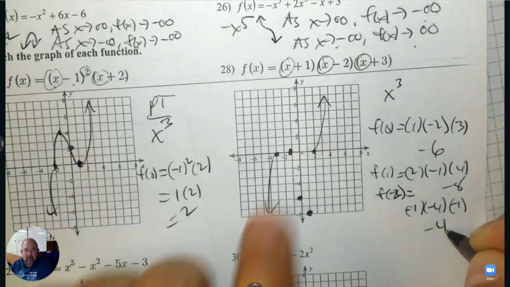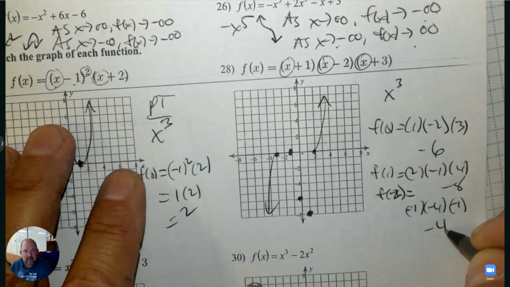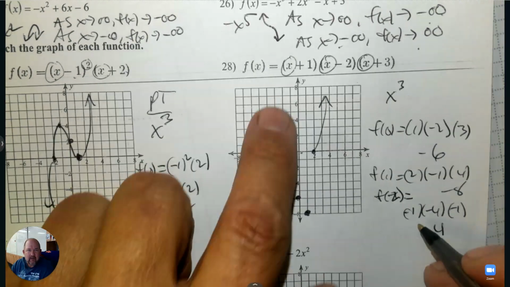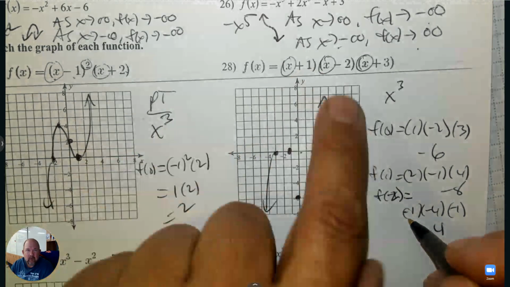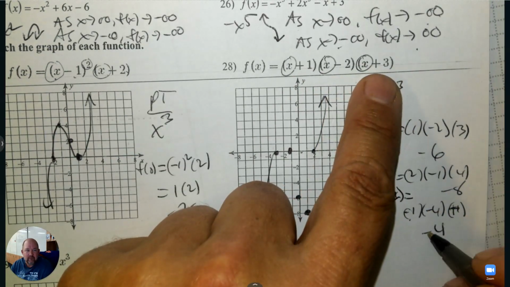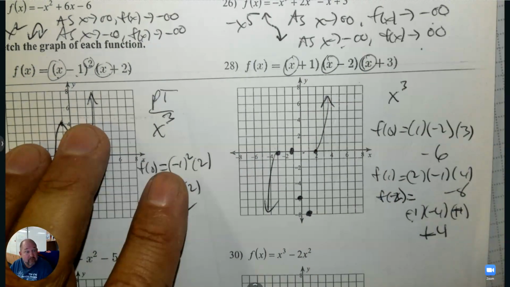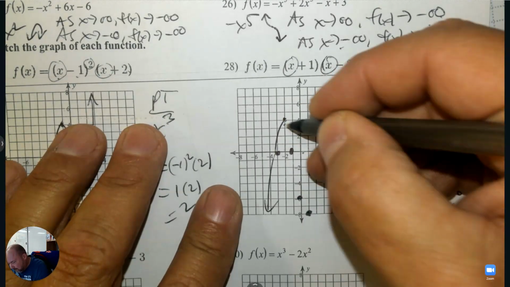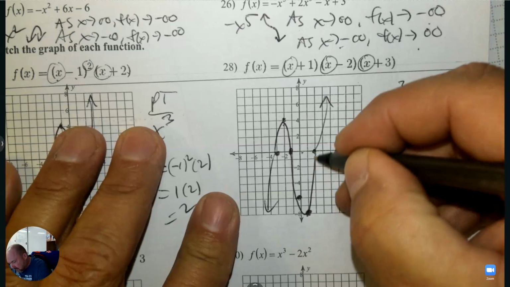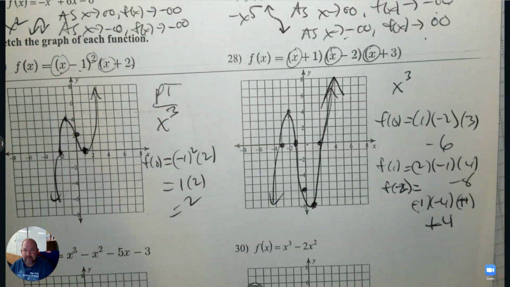So that's negative 4 altogether, right? Or positive 4. What did I do wrong? So negative 2 plus 1, negative 1. Oh, negative 2 plus 3 is positive 1. So this is positive 4. It had to be above. Okay, so negative 2 and 4. And then connect the dots, and you have your graph.